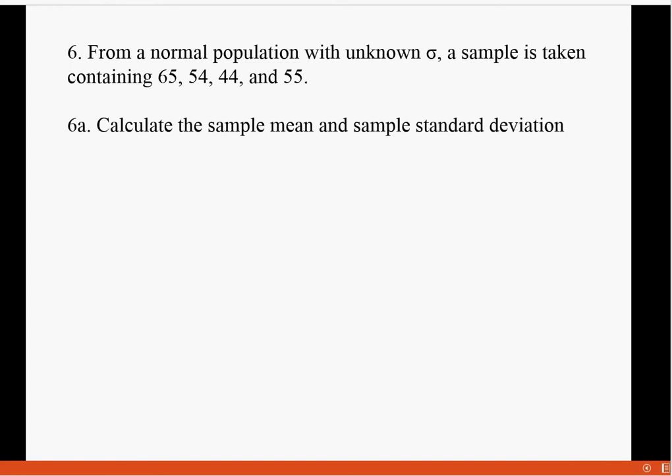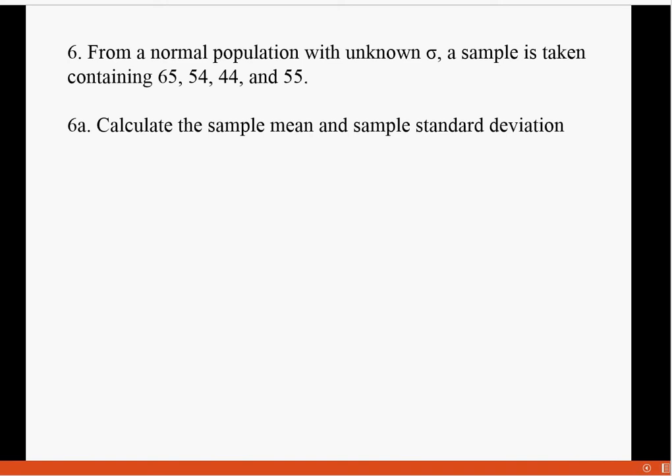For this question, we're not given the mean, we're not given the standard deviation. We have to calculate the sample mean and the sample standard deviation. Then we build a confidence interval. This type of question is more realistic because in reality, as a researcher, you always have to go out and find your own sample.